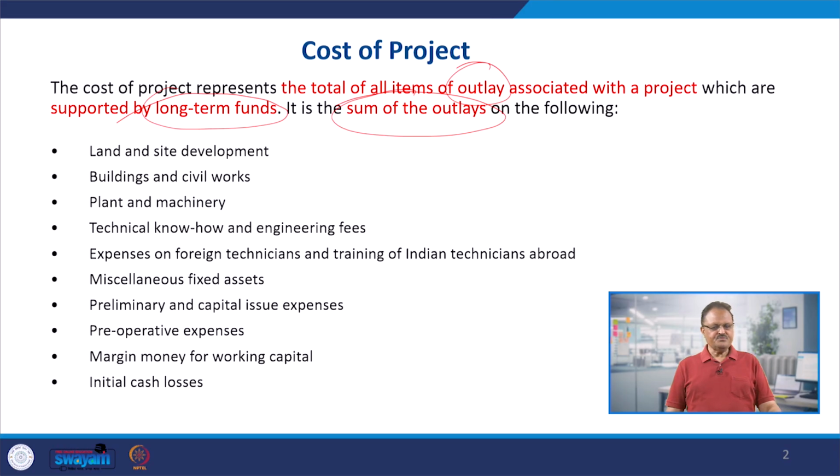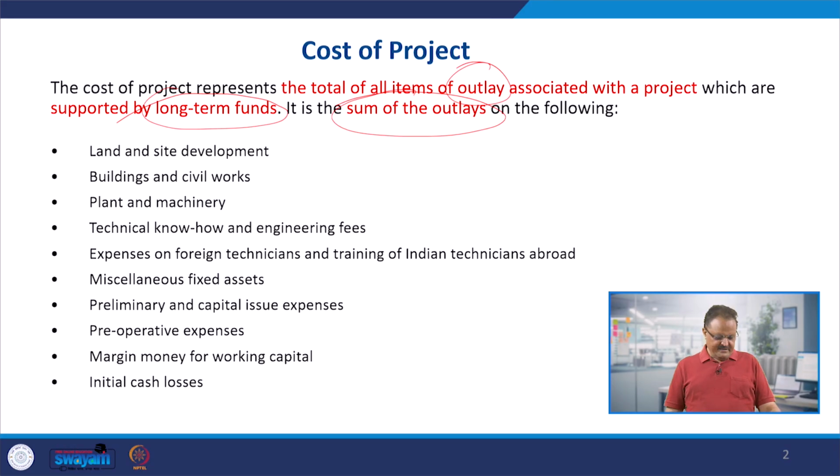Pre-operative expenses are those expenses when we have decided to go ahead with the project, for example making a piece of land usable, erecting the boundary wall, going for some training of the people, or some other kind of expenses which support the coming of that venture into existence.